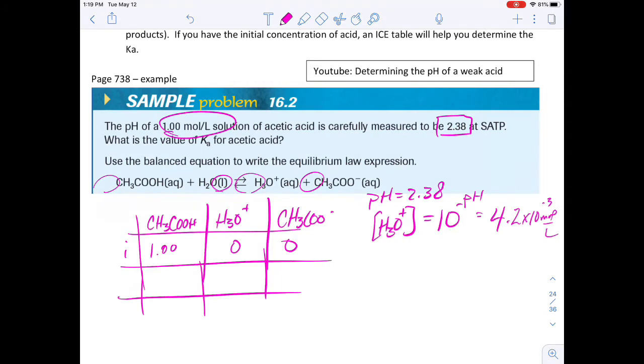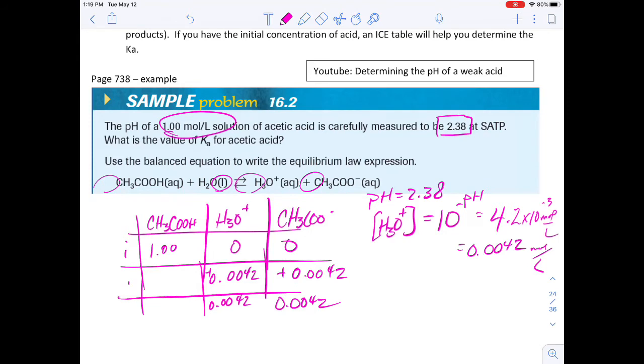So that's 0.0042 mole per liter. So 0.0042 is being made. This is in a 1-to-1 ratio, so it's being made at the same rate.